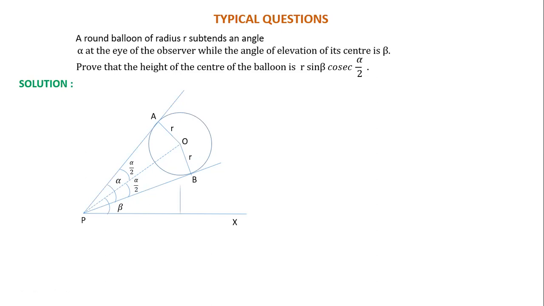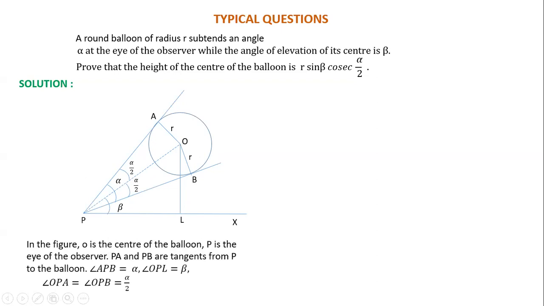Now, this is the perpendicular distance from the center of the circle to the ground level. OL is the height of the center of the balloon. So in this figure, O is the center of the balloon, P is the eye of the observer, PA and PB are tangents from P to the balloon.